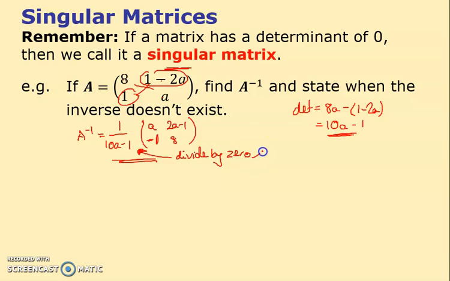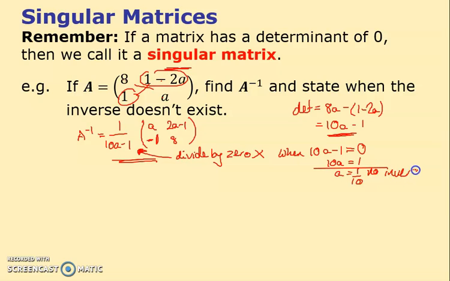So when 10a minus 1 equals 0, we will have a problem. Move the 1 over, 10a equals 1, a equals a tenth.